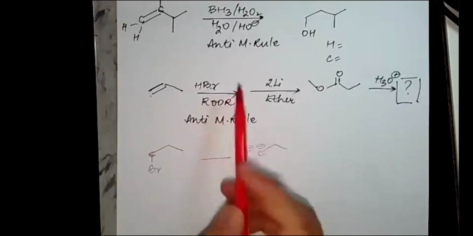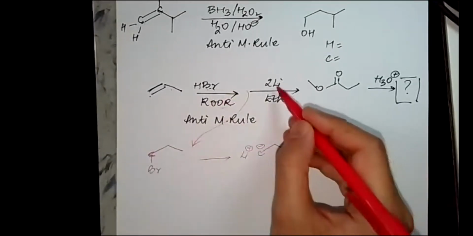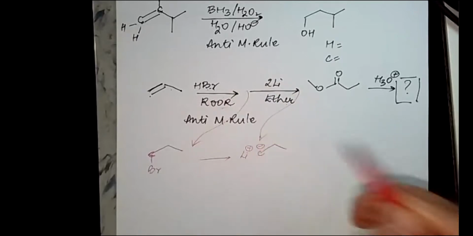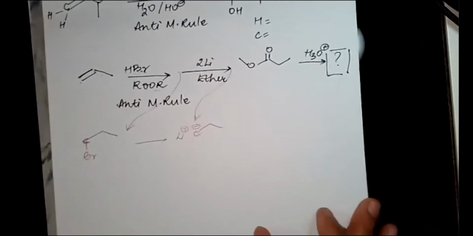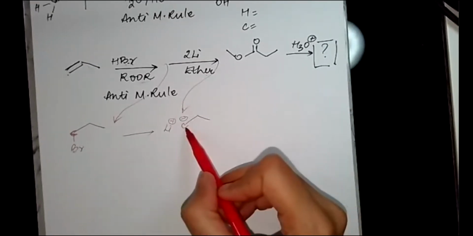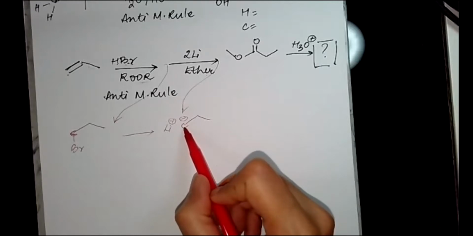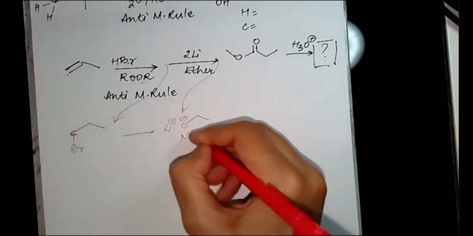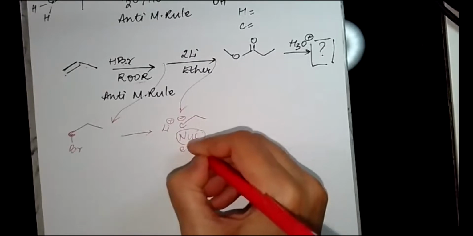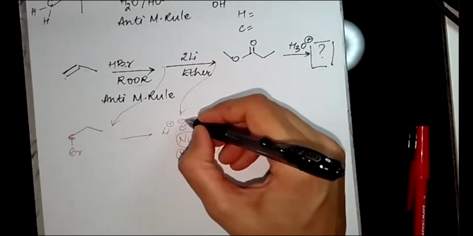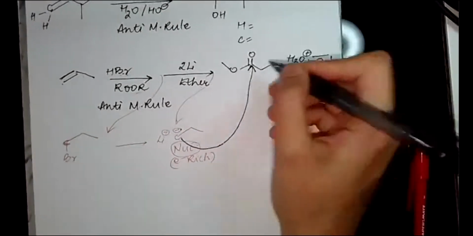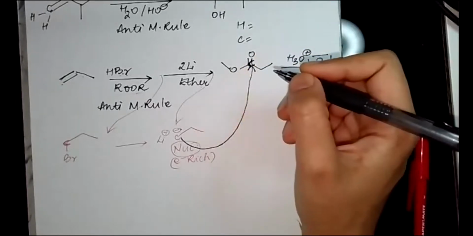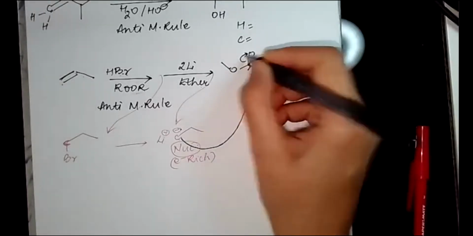So from this part, I have this, and from this part, I have this. And the next step is the addition of your nucleophile. What is a nucleophile? An electron-rich molecule. Your nucleophile is going to attack the electrophilic carbon. The pi bond opens.